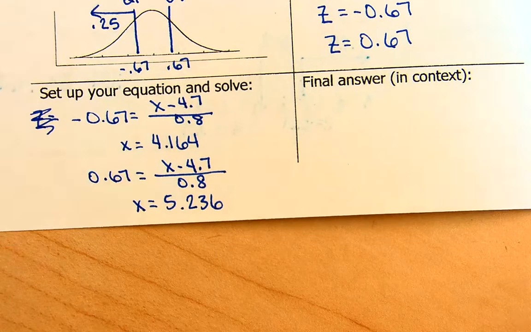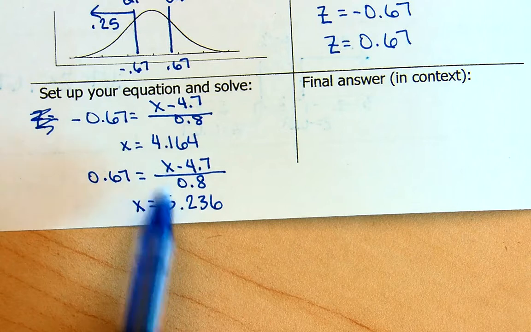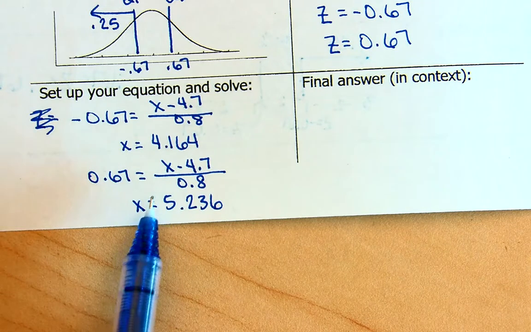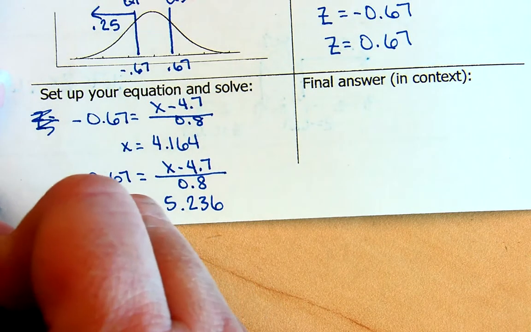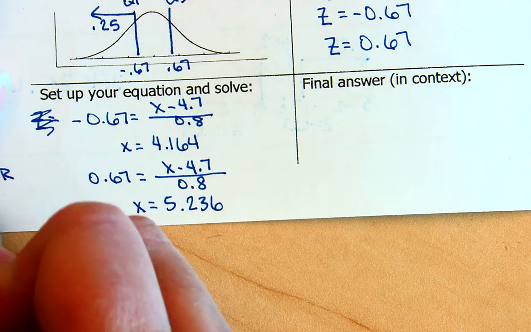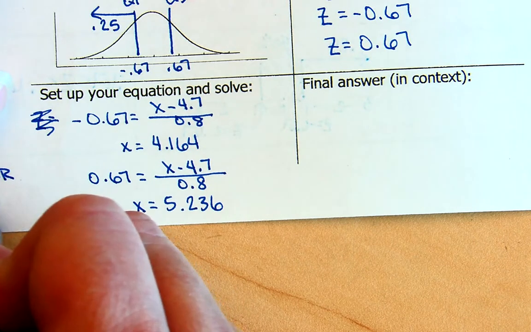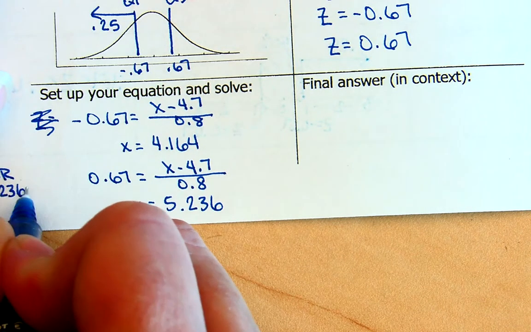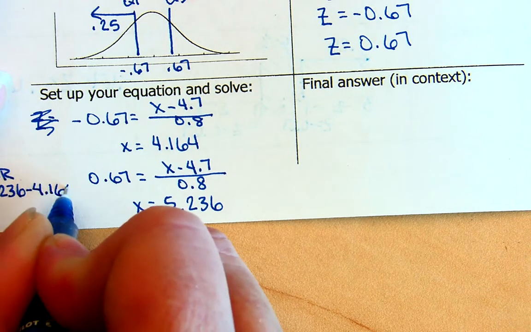Okay, so those are my two values. The IQR is the distance between them. So the IQR is 5.236 minus 4.164.